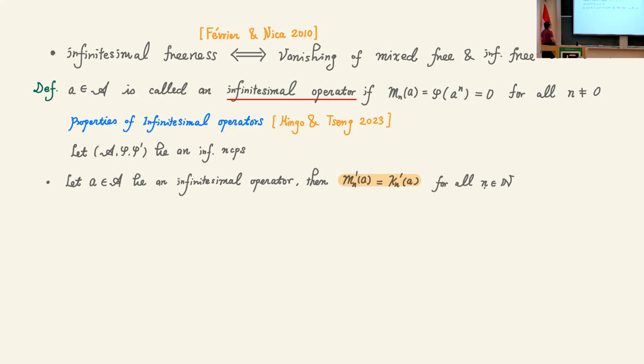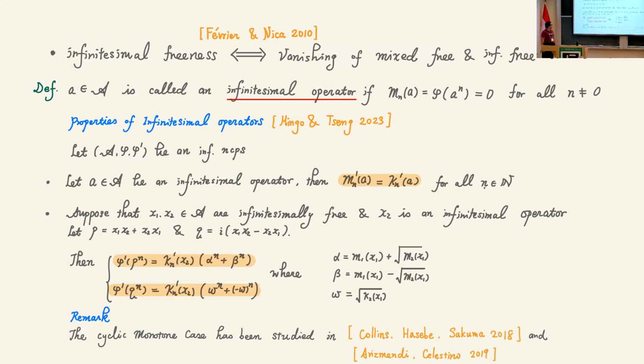So what are the properties of an infinitesimal operator? First, you can easily prove that all the infinitesimal moments are equal to the infinitesimal cumulants. Second, suppose you have two elements, s1 and s2, which are infinitesimal free, and we further assume one of them is an infinitesimal operator. How can we study the commutator and anti-commutator? When you consider phi prime, by the moment-cumulant formula, you write it in cumulant form.